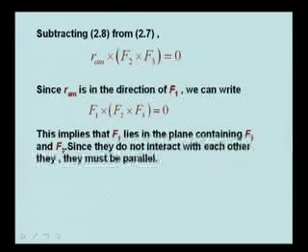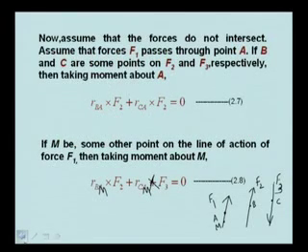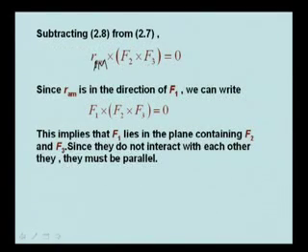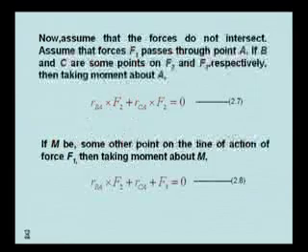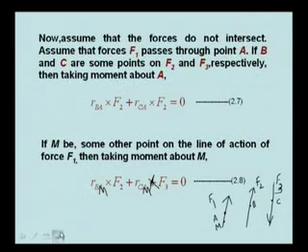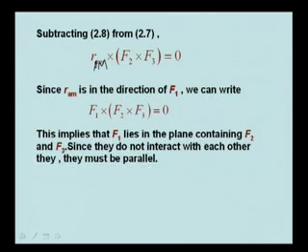Now, subtracting these from this one, you get RAM cross F2 plus F3 is equal to 0.